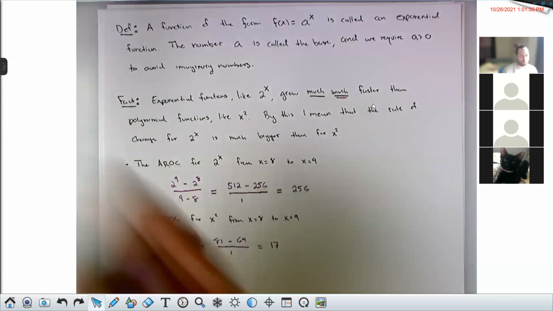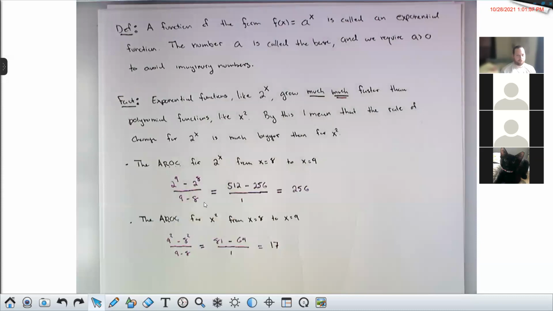So sort of the slope, or how steep the x squared graph is from 8 to 9, is 17. And if I gave you a line with slope 17, you'd probably be like, yeah, that's a pretty steep line. But then if I compared that to a line with slope 256, you'd be like, whoa, okay, this is a lot faster growing than this.